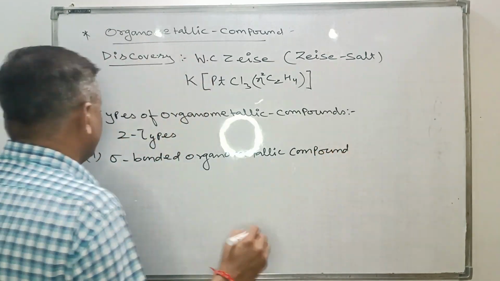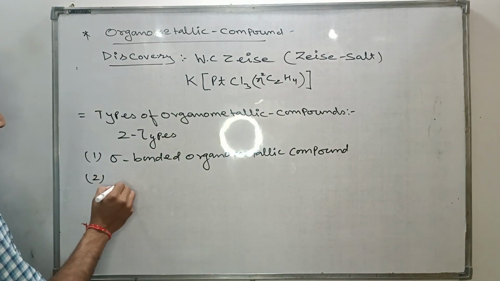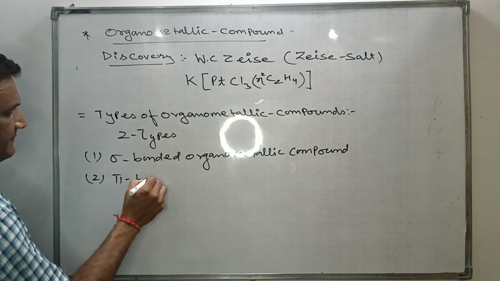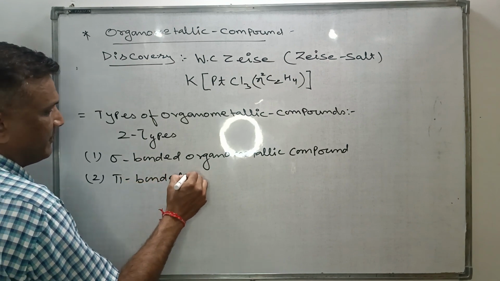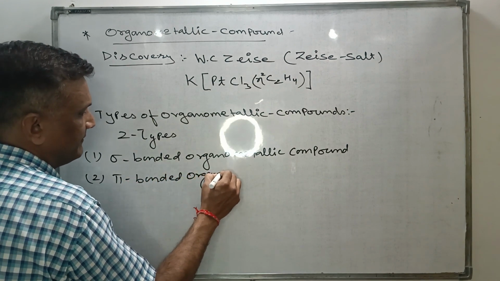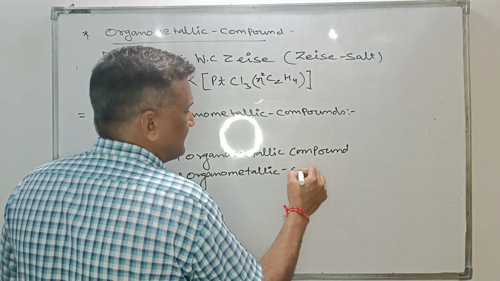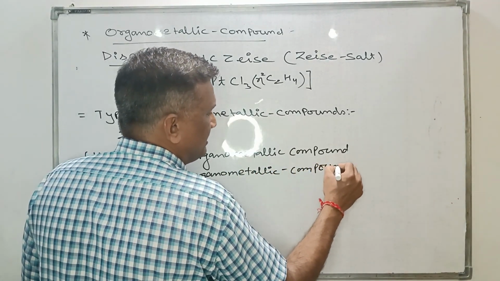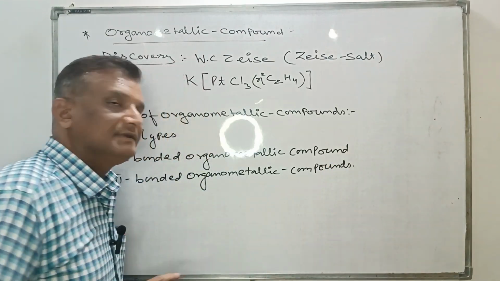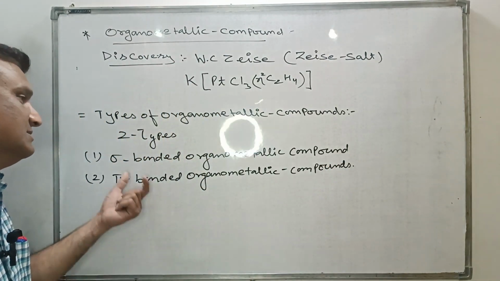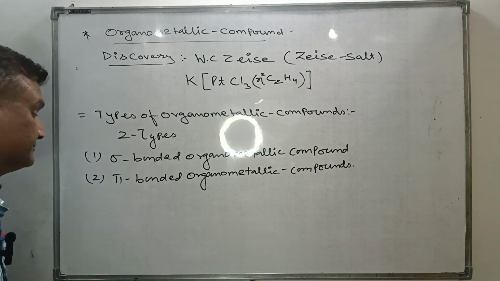If you will go with the another type, then that is your pi bonded organometallic compounds. These are the two types of the organometallic compound.